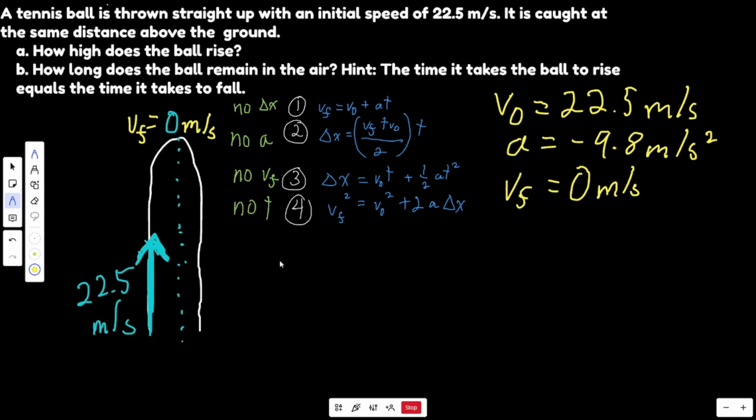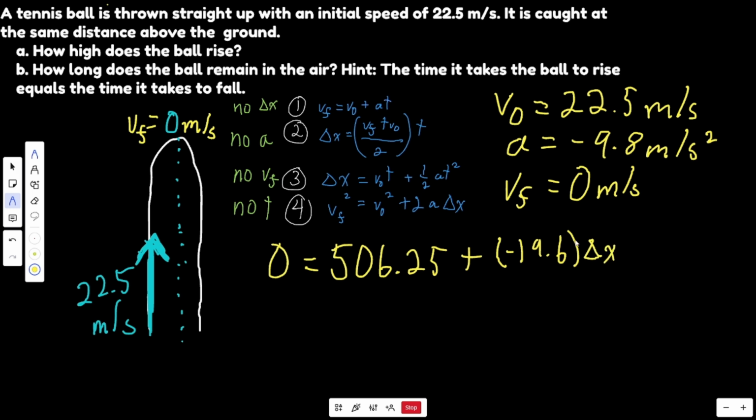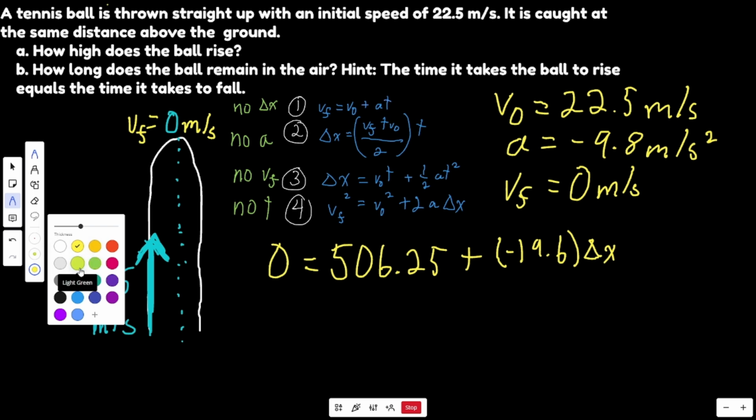Okay, so now let's plug in our values. 0 squared is just 0. 22.5 squared is 506.25. And 2 times the acceleration, which is 19.6, or negative 19.6, times delta x. So now we need to isolate this side. So let's change pen, and then let's see how we're going to do that.